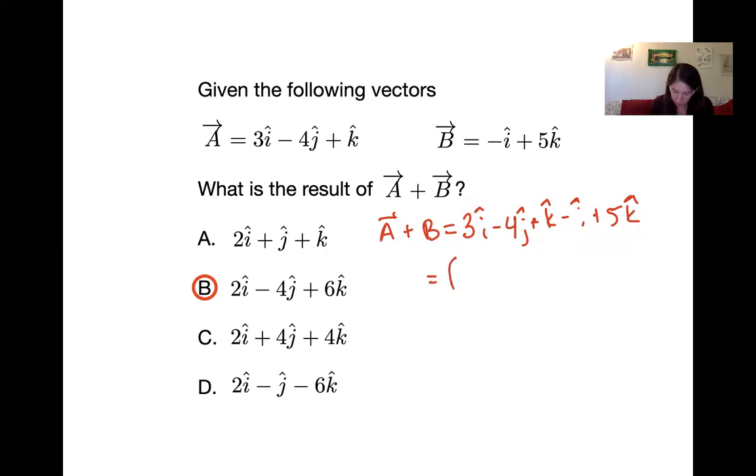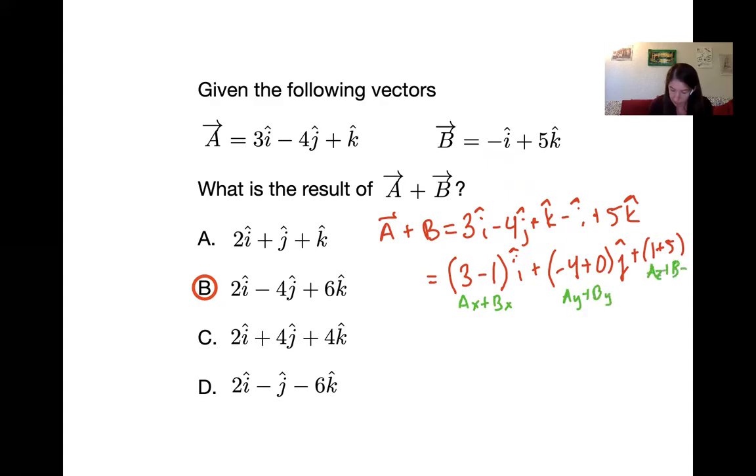So this is 3, and then minus i hat is really minus 1 times i hat. And then plus the j hat term, so minus 4, and you'll notice there isn't a j hat term for B, and so really that's like 0 times j hat, and then plus 1 plus 5, where again, we can think of this as a_x plus b_x, a_y plus b_y, and a_z plus b_z.